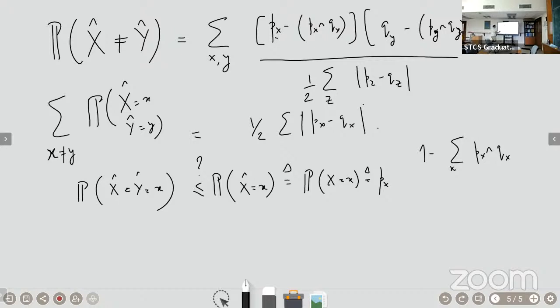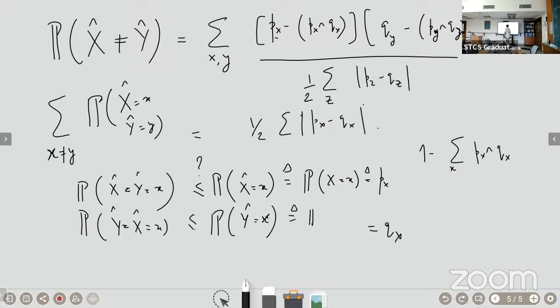Similarly, what can I do? I can get some Q of x similarly, just shifting the roles. Like y hat equal to x here, y equal to x. Fine.